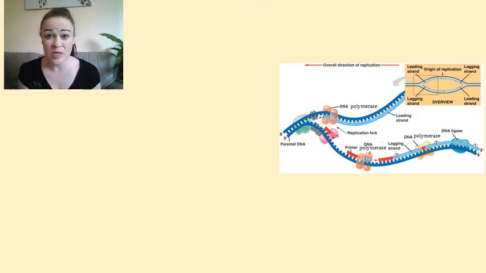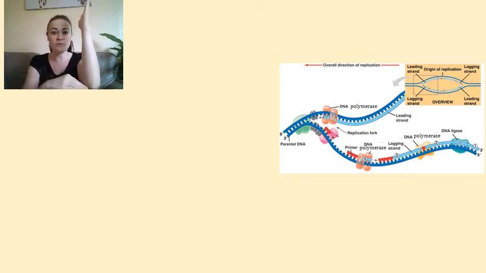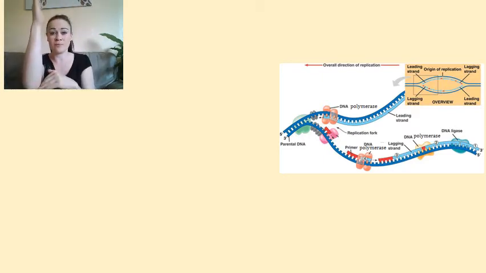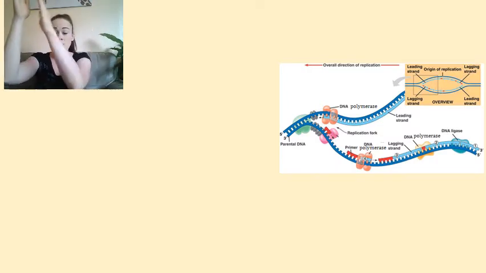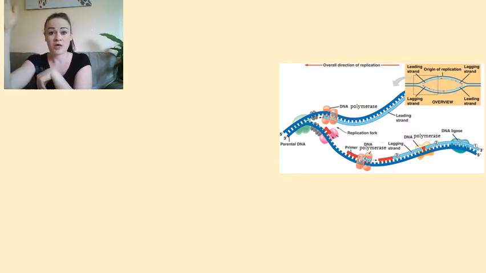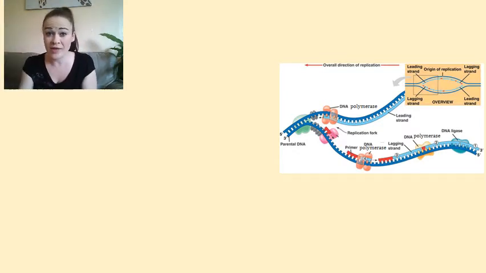Now, something you'll remember about DNA is it's got anti-parallel strands. So one strand of DNA runs from maybe 5' to 3', and then the other strand will go from 3' to 5'. Now, if DNA polymerase only adds on to the 3' end of the growing strand, it means one of our new strands of DNA is going to be made in chunks. More on that later. Just believe me, it's made in chunks.